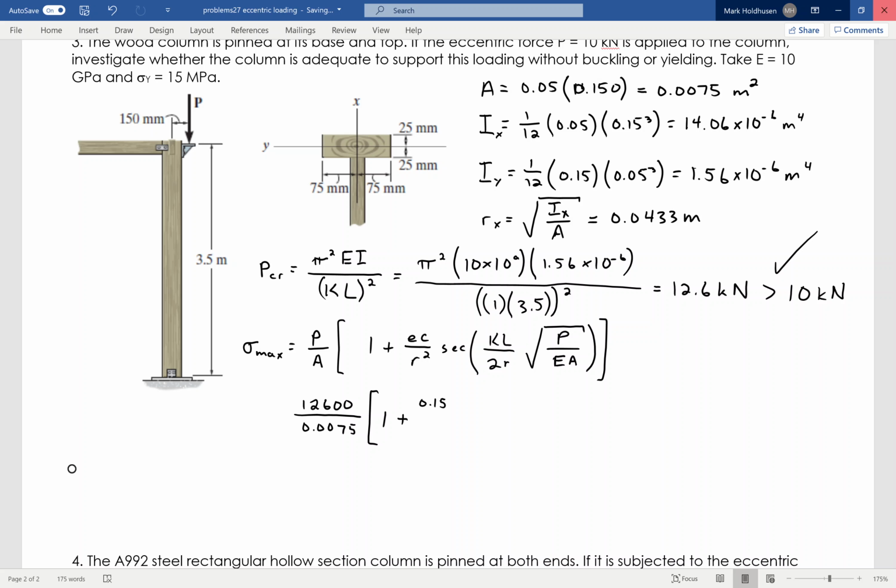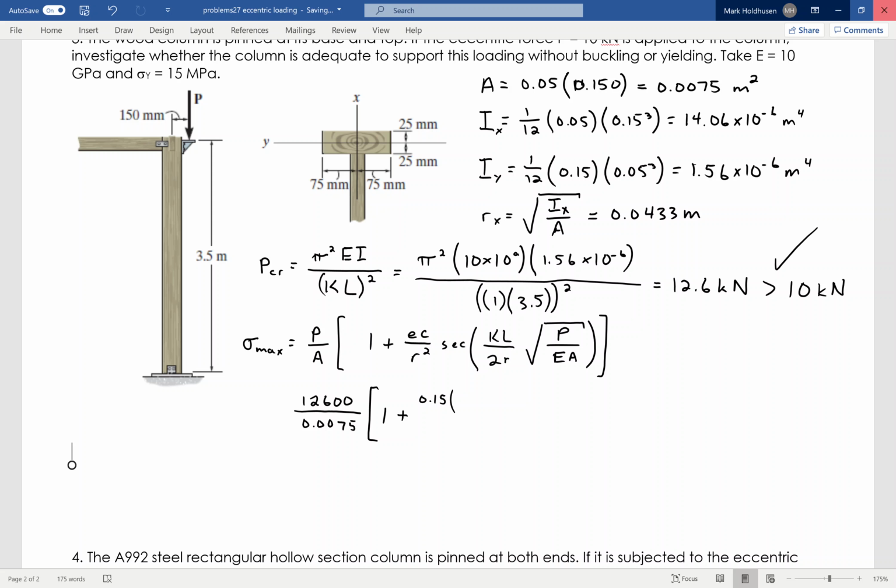c is going to be 75, half of that distance out to the edge, right? So that's, from here to here, that's what c is. So that'll be 0.075 divided by r, which we calculated to be 0.0433 squared.